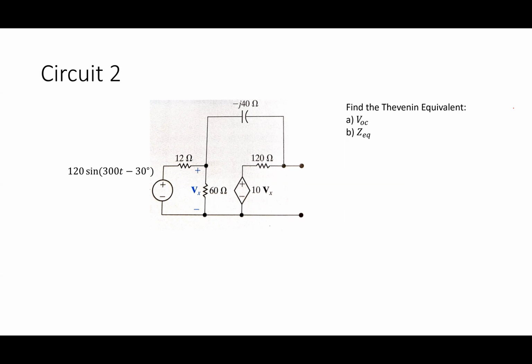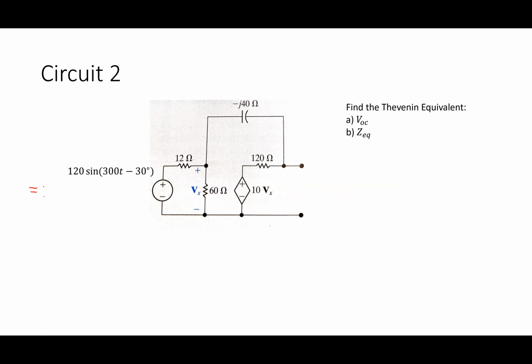Before I even start simplifying, I'm first going to say I need to get this in the phasor domain. It's not quite there in the phasor domain here. What do I have to change with the source over there? I have to make that cosine. How do I turn that into a cosine?